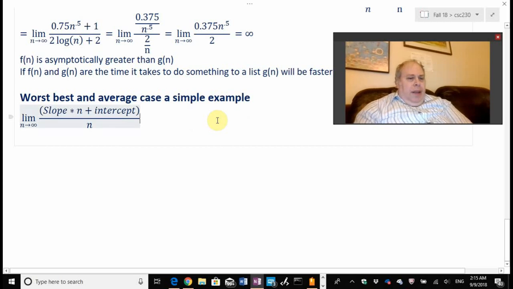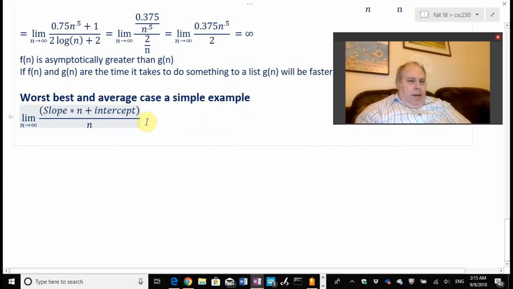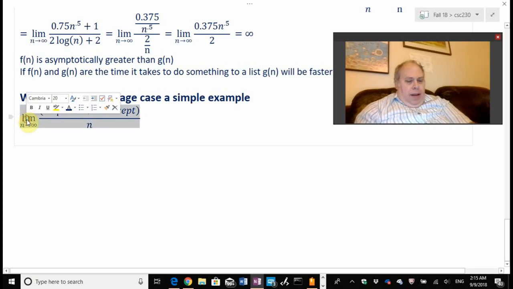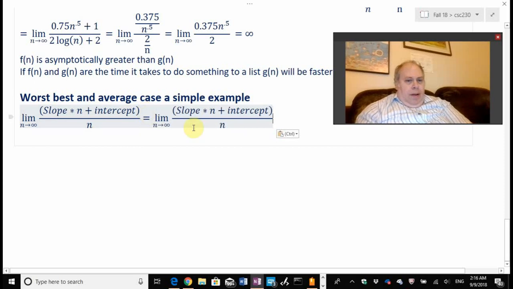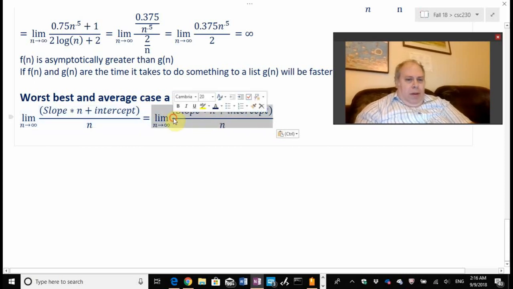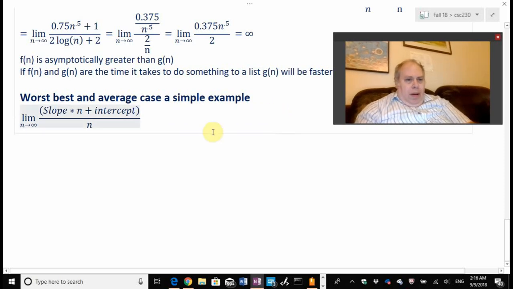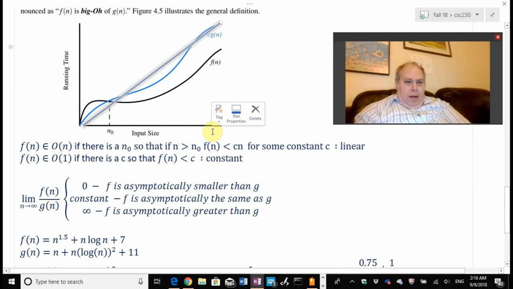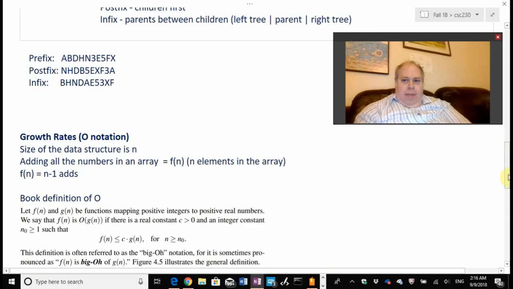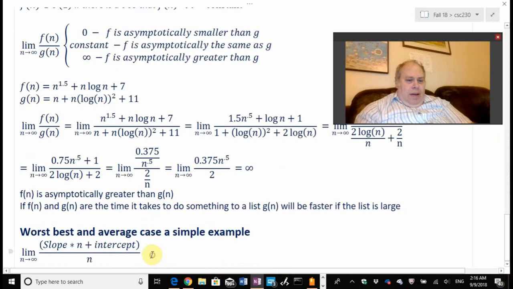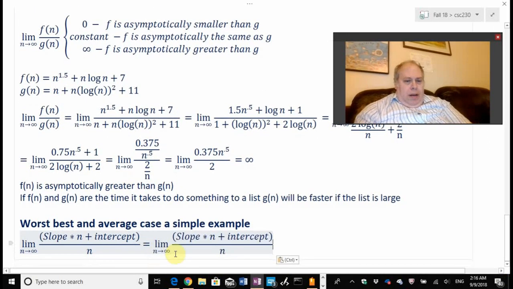Now, this is fairly clear, I'm sure. It turns into the limit of slope plus intercept over n.